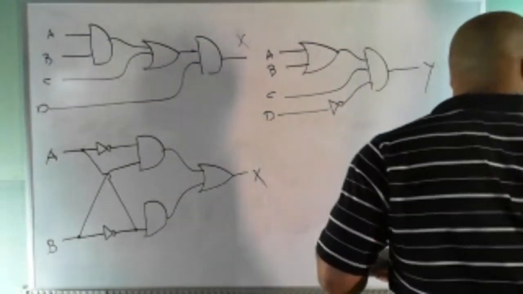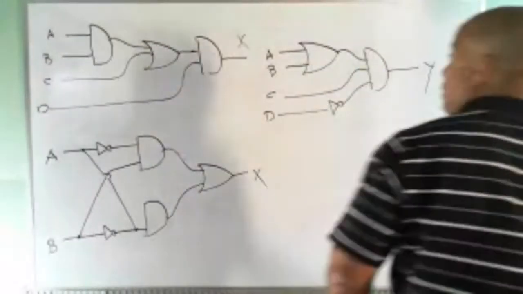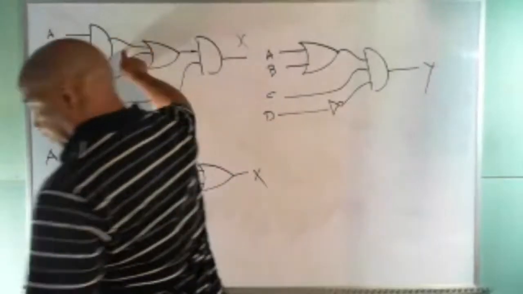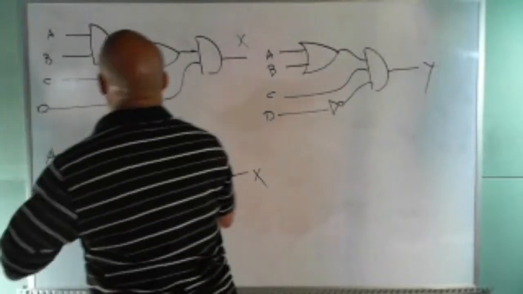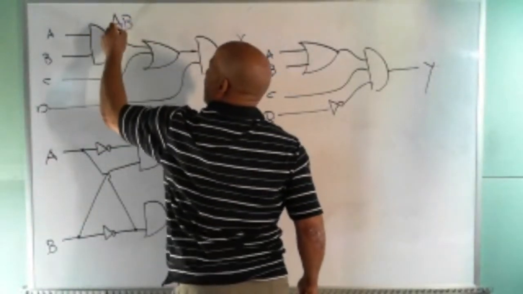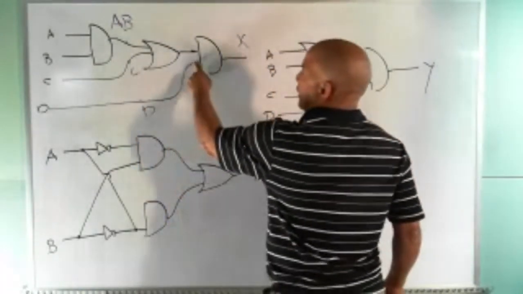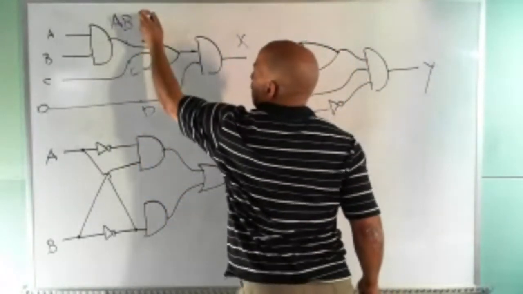Okay, so the one in the upper left, if you did that one, you should have added here. Right here we got A dot B, so we got AB. At that point, here we still got C, and here we still got D. Then I got OR.